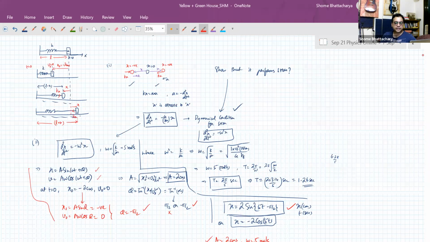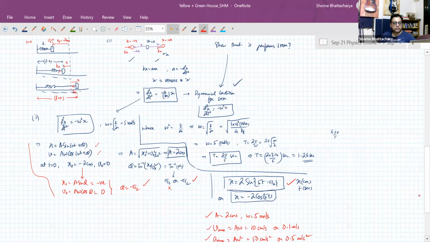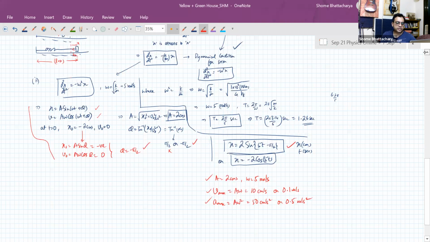So A sine phi has to be negative, whereas v naught is 0. Okay, so hope this question is completed now. You've finished writing down everything.